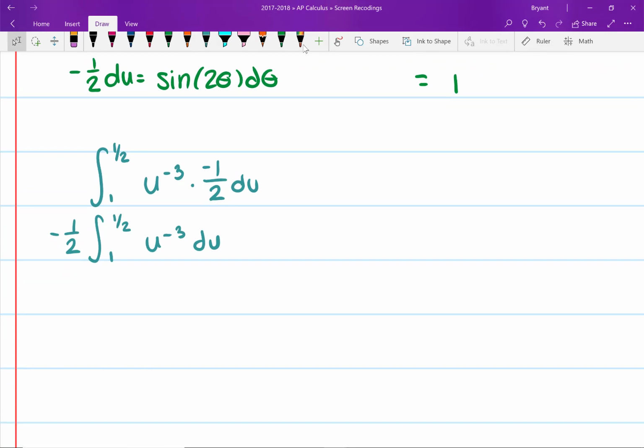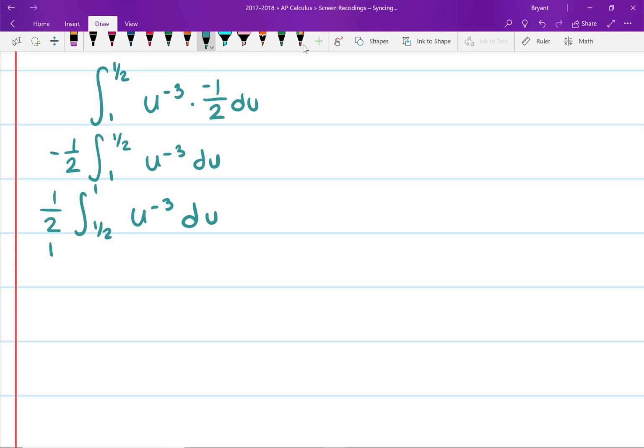And then I want to take this time to actually flip my limits. I like having my smaller numbers on top. So the negative and the negative are going to become a positive. So I'm going to get 1/2 to 1, u to the negative 3 du.